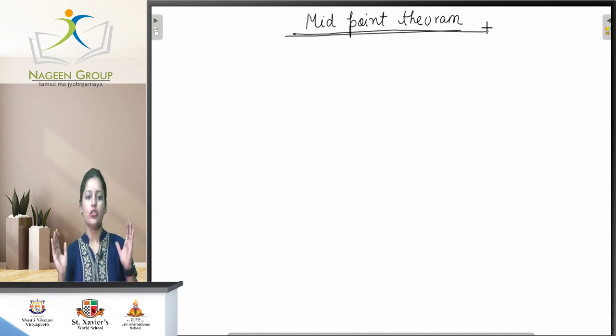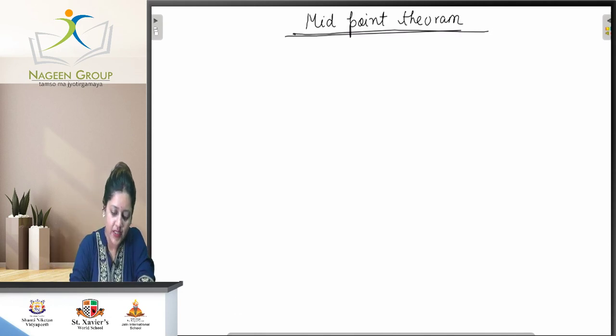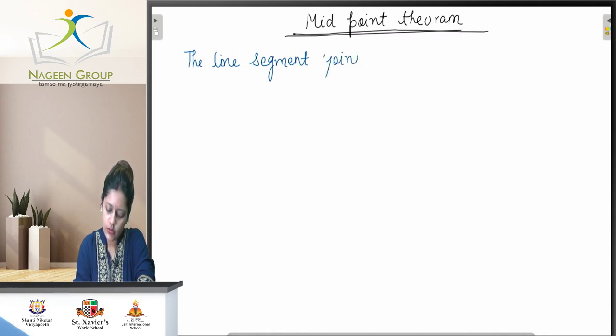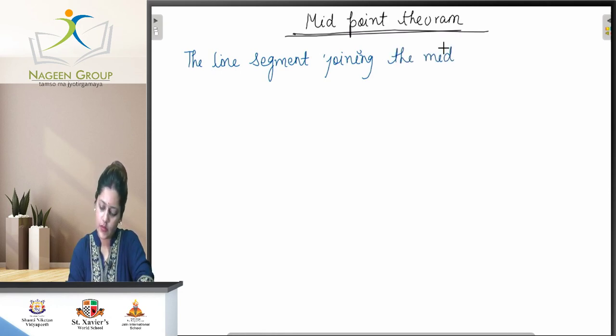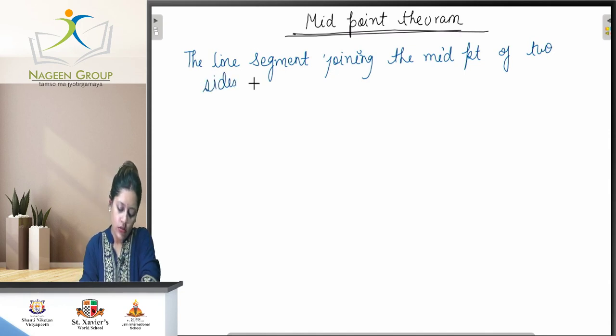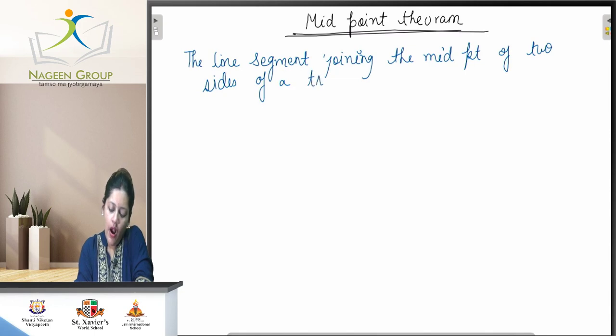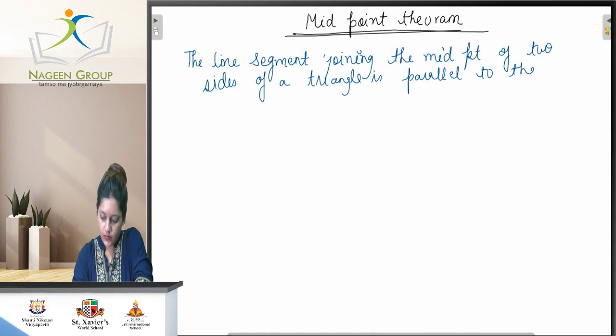The theorem tells us that the line segment joining the midpoints of two sides of a triangle is parallel to the third side.